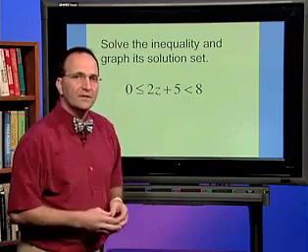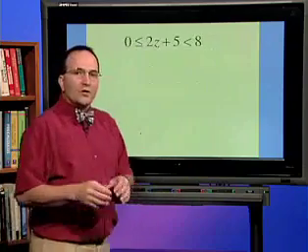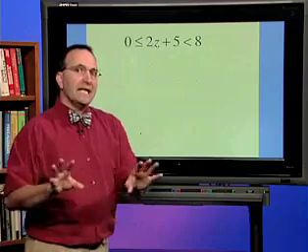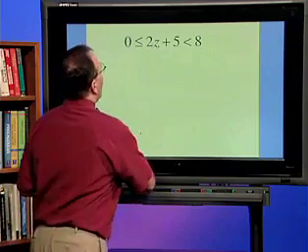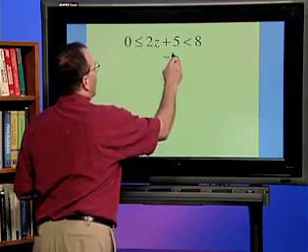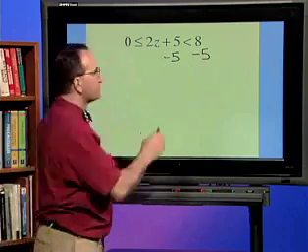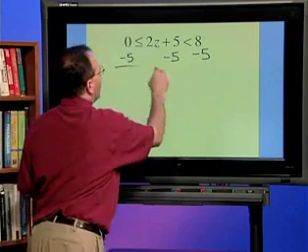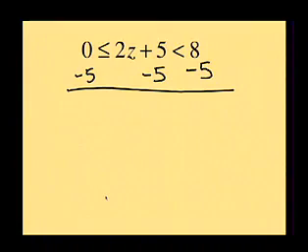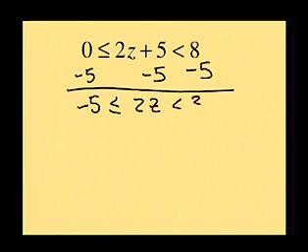Let's find out how you did on this problem. You needed to first isolate the z in the middle, and so to do that, the first step would be to subtract 5, and we would have to do that to all 3 parts. So that gives us negative 5 is less than or equal to 2z, z, not x, which is less than 3.